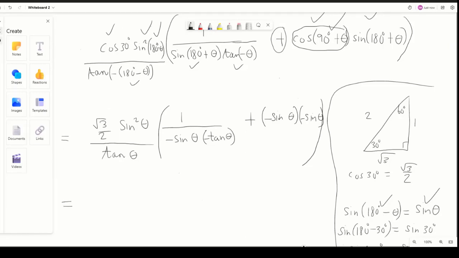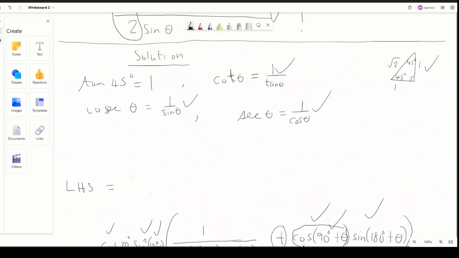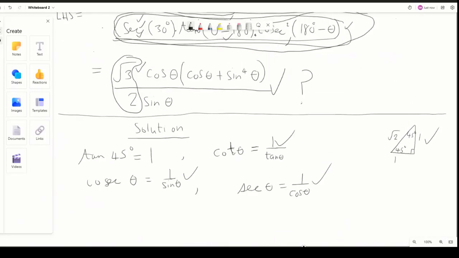Remember, we need the right-hand side to be equal to the following: square root of 3 over 2, on top we've got cos theta times cos theta plus sine to the 4 theta, divided by sine theta. That's what we must have. Remember, this is our answer: square root of 3 over 2, top cos theta times cos theta plus sine to the 4 theta, and the denominator 2 sine theta. Let's just see.